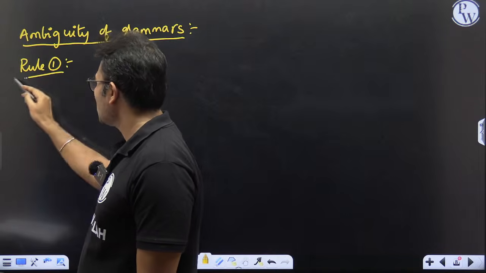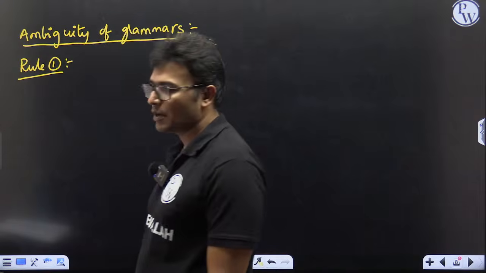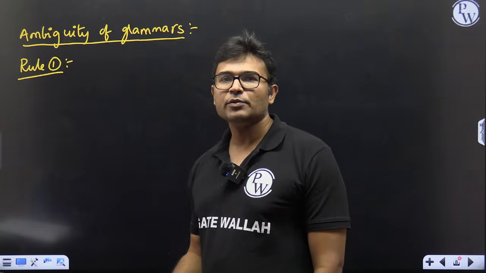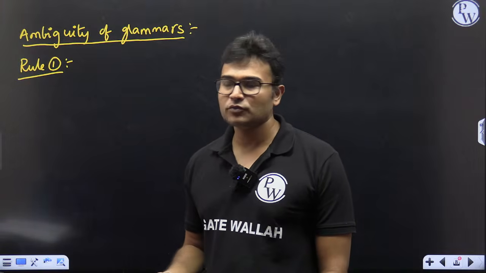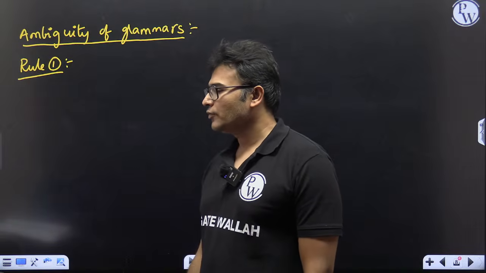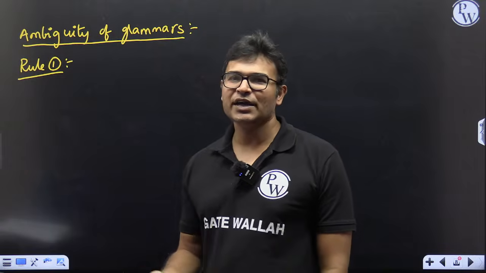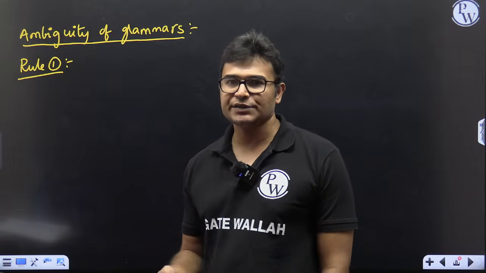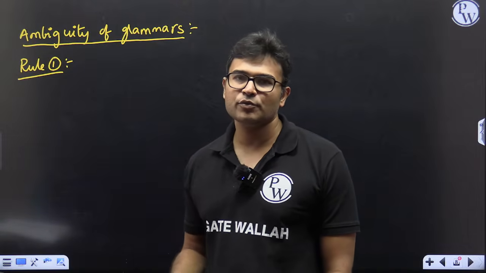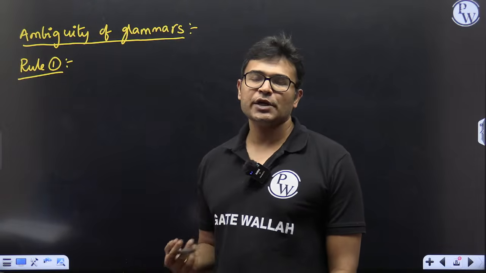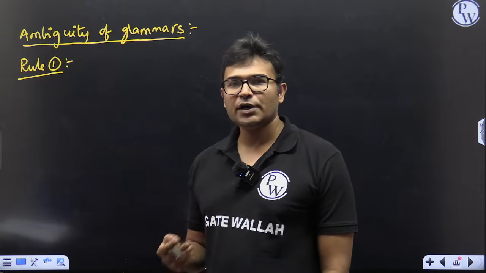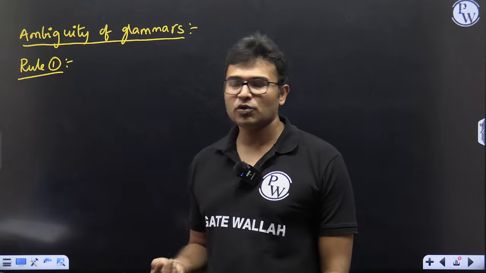There is no algorithm to find out whether a grammar is ambiguous or not. The ambiguity problem is undecidable. Undecidable means there is no algorithm. So we can use some guidelines to guess that some of the grammars are ambiguous. Using these guidelines, you will not always be able to answer the question, but in most cases you will be able to answer.